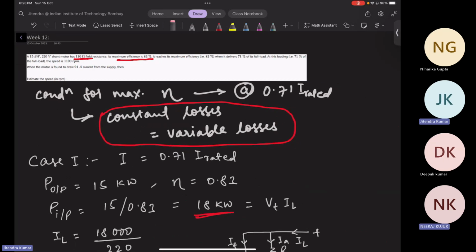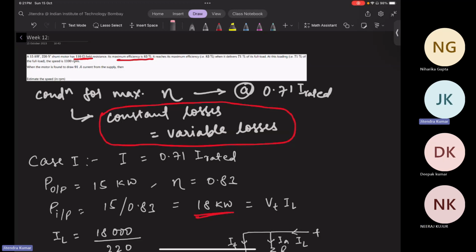Sir, there is a statement like this that the motor is found to draw 91 amperes current. How are we supposed to know that it is talking about the current from the supply or current to the armature only? Whenever the motor is drawing, the motor will draw from the line only, right? It cannot draw from the armature.